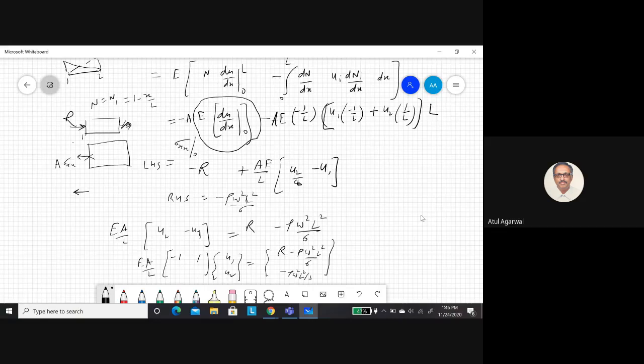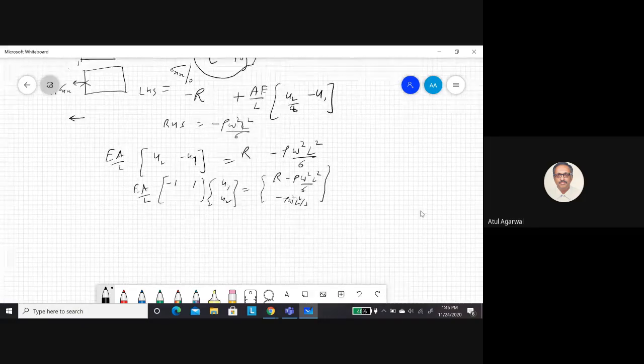Similarly here, if you calculate this one, maybe you will get like this. Okay. So you see there is a minus here.